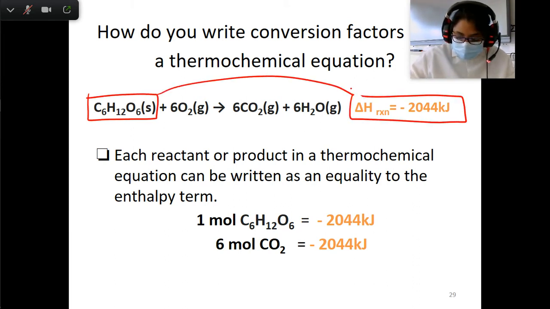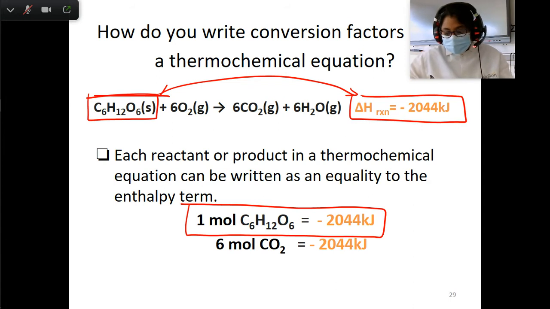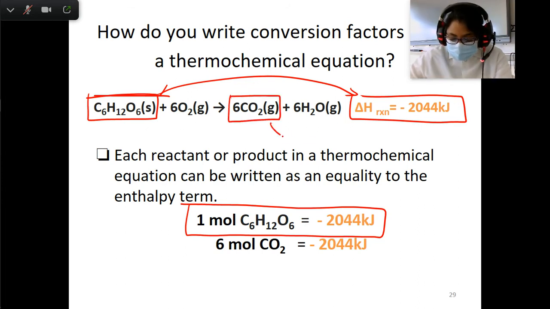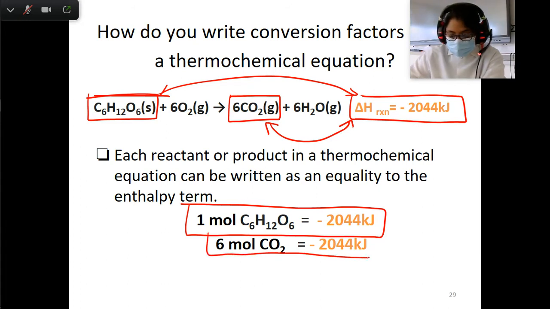The way that you write the relationship between these two components is to make it an equality. 1 mole of glucose is equal to negative 2044 kilojoules of energy. 6 moles of CO2 is equal to negative 2044 kilojoules of energy. The amount of energy stays constant even if you are changing the reactant and product associated with it.